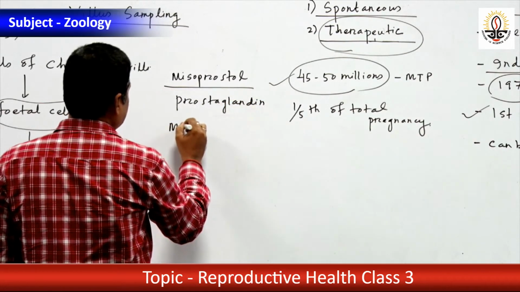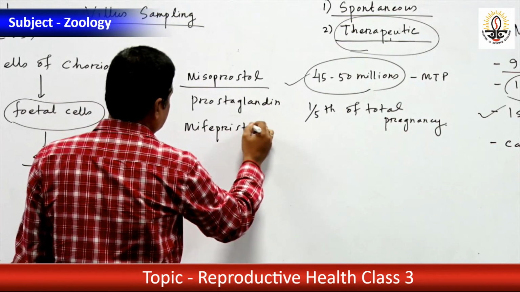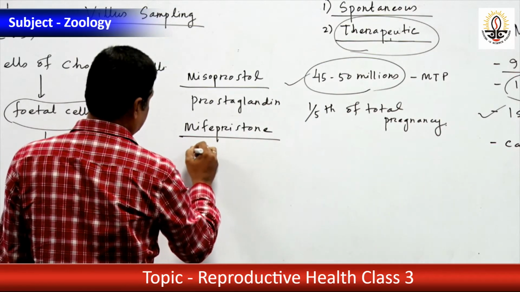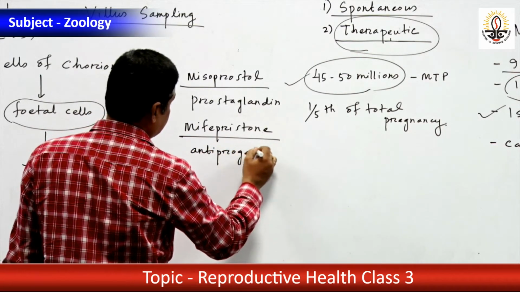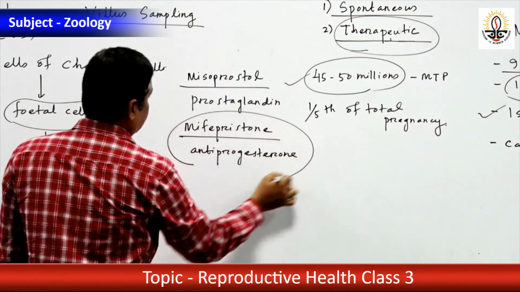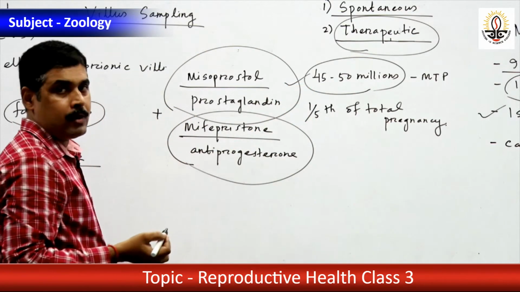Another one is mifepristone, which is an anti-progesterone. Okay, these two are present in the unwanted kit.